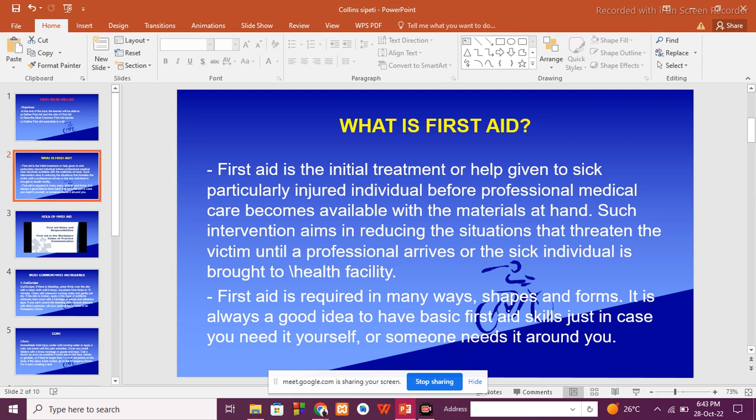Such interventions aim at reducing the situation that threatens the victim until a professional arrives. First aid is required in many shapes and forms. It is always a good idea to have basic first aid skills, just in case you need it yourself or someone around you needs it.